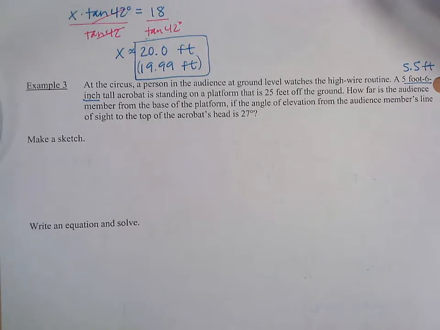So the person that's in the audience is at ground level. You are assuming the person is on the ground. How far is the audience member? You might even have to do the whole thing.